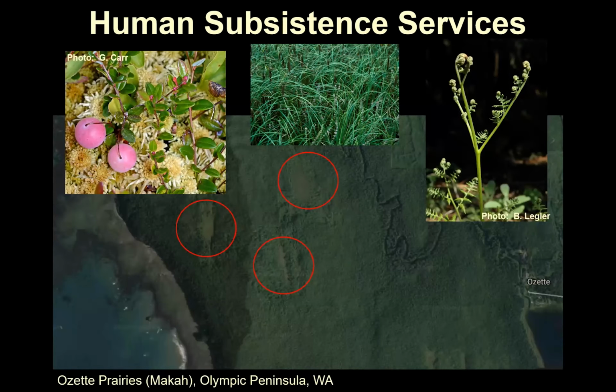Wetlands have been important for subsistence around the world. Even here in the Pacific Northwest, Native Americans relied on wetlands to obtain certain plants and animals. For example, here in the upper left, this is a bog cranberry. Native peoples harvested things like sedge to make various tools and clothing, and they would eat things like bracken that would be found in these wetland environments.